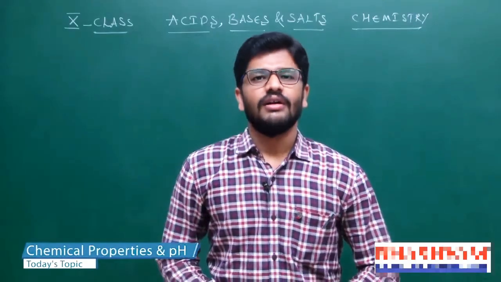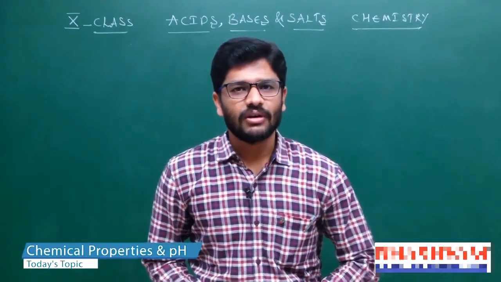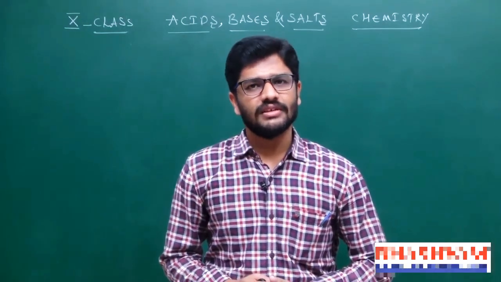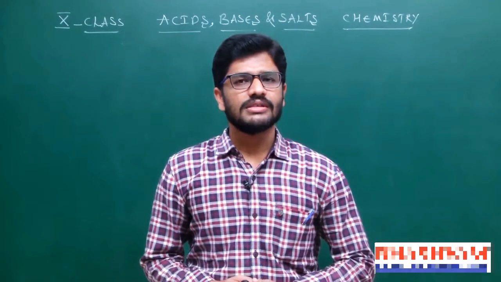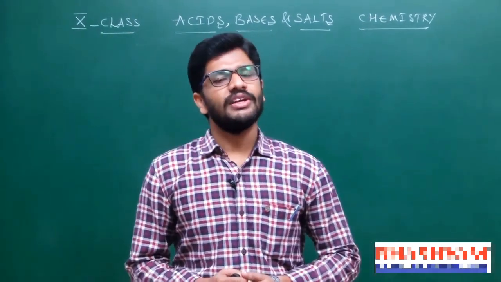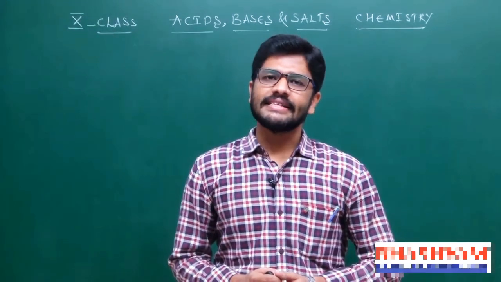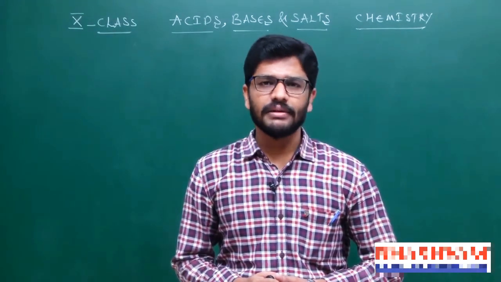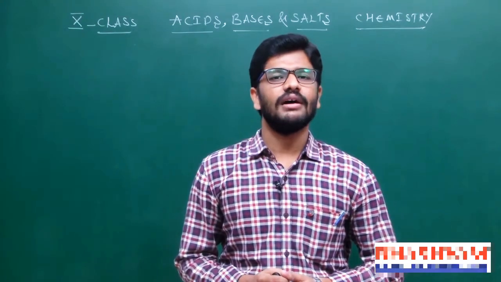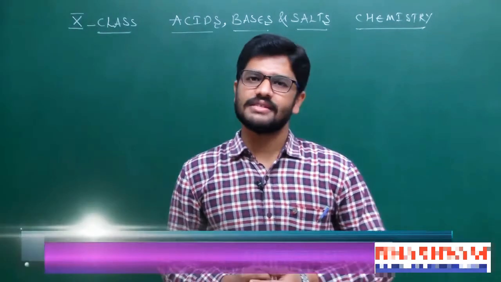Hello everyone. Now here we are continuing the topic of acids, bases and salts. In the previous lecture we discussed some of the chemical properties of acids and bases. Acids and bases can react with metals to form salt and hydrogen gas as products.